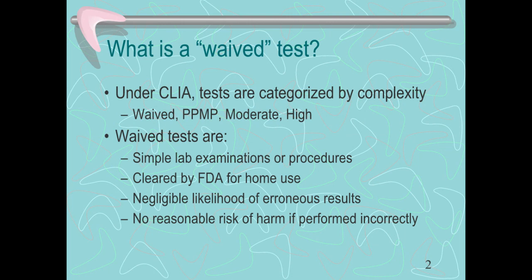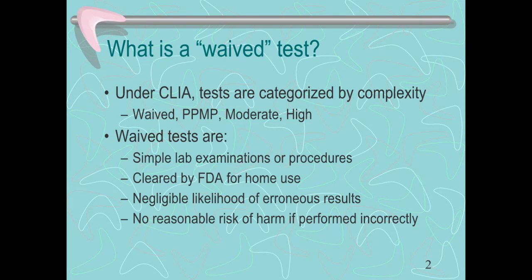So what is waived testing? Under CLIA, tests are categorized by complexity. Like I said, waived tests are usually simple lab examinations or procedures. They're cleared by the FDA for home or ambulatory use.